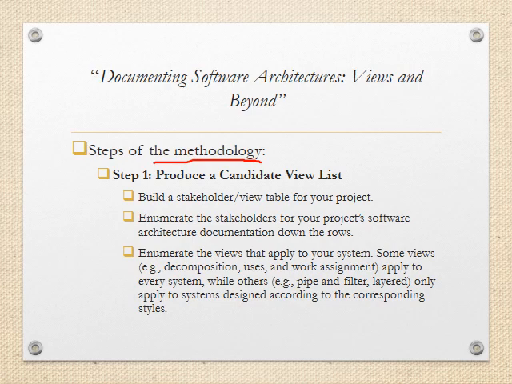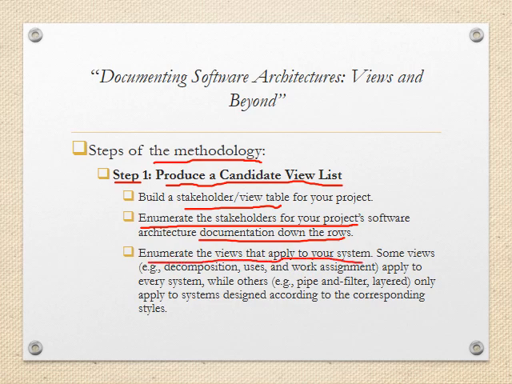The first step, produce a candidate view list. So build a stakeholder view table of your project. Enumerate the stakeholders for your project's software architecture documentation down the rows, and enumerate the views that apply to your system across the columns.